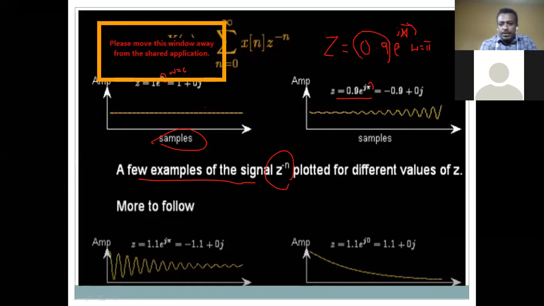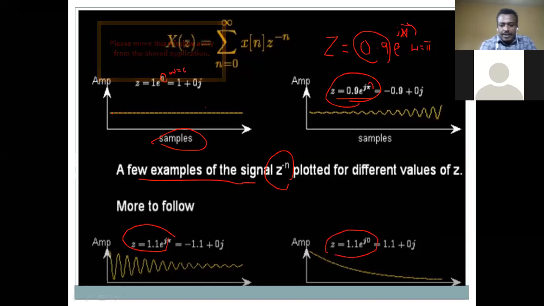What is the amplitude? Amplitude 0.9, and it is increasing. So this is one other example of Z. Here is another example of Z. What type of Z is this? Decreasing exponential. Here what is Z? Decreasing sinusoidal. Z can be a complex frequency, different types, DC and so on.